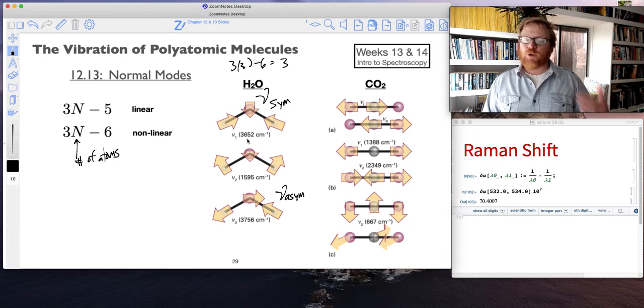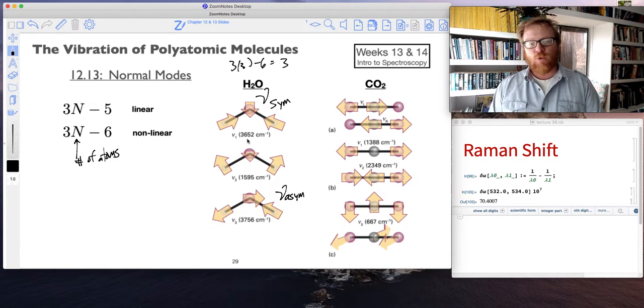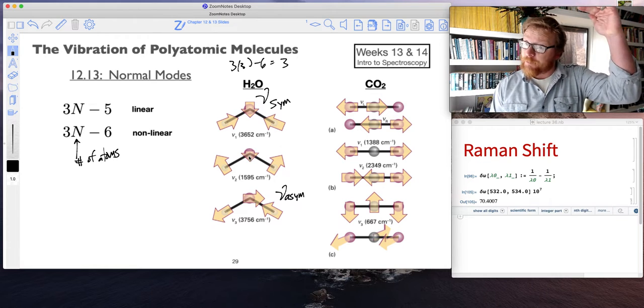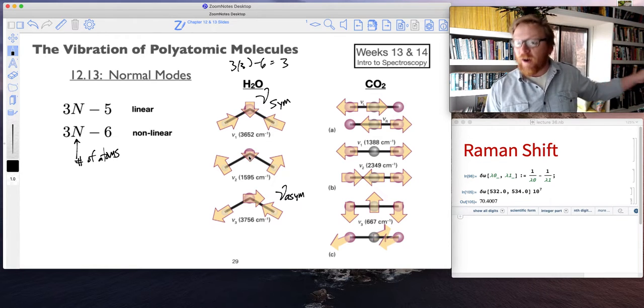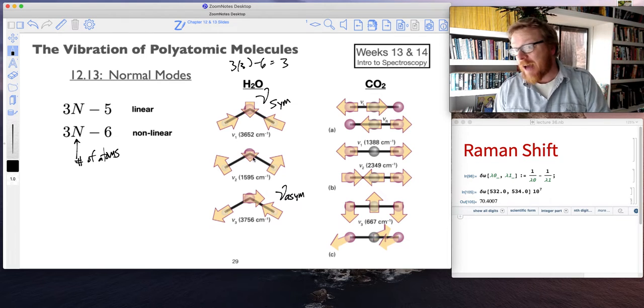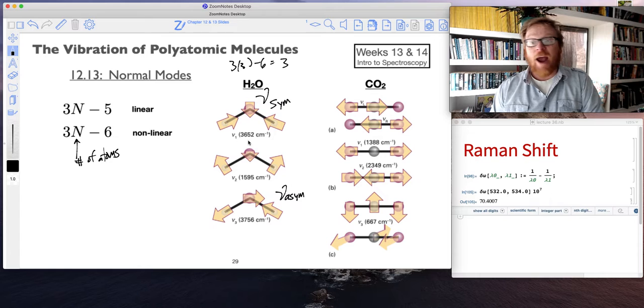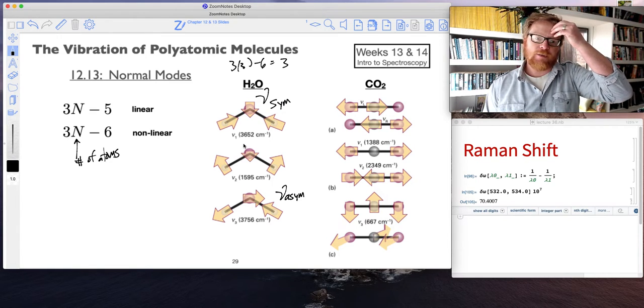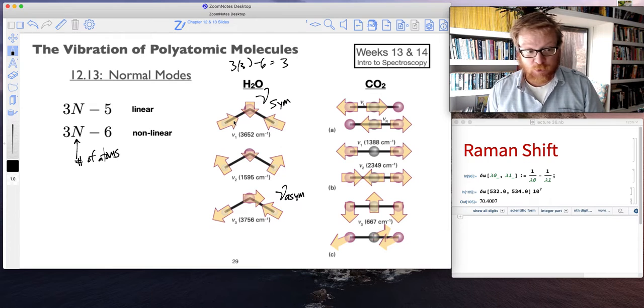And that is the frequency of light required to stimulate that vibration to go up to an upper level, where it will oscillate then at an even higher frequency. So that 3652 wave number, for example, is the energy required to stimulate that vibration to vibrate at a higher frequency relative to its ground state.